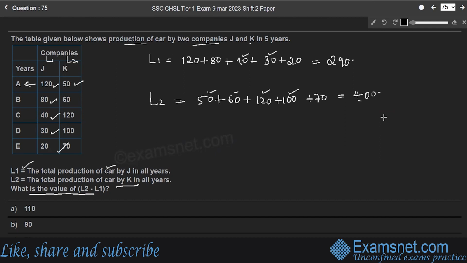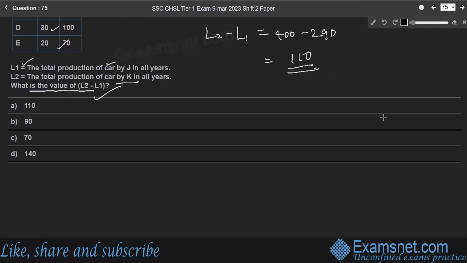Here we need the value of L2 minus L1, which is 400 minus 290, which is 110. Therefore, L2 minus L1 is 110. So the difference between the production of cars by company J and K is 110, option A.